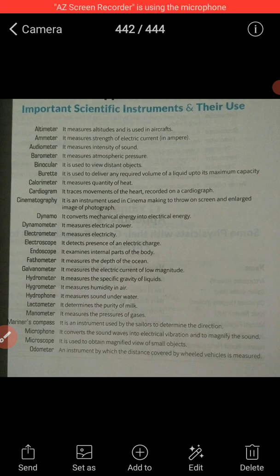Then cardiogram. Cardiogram is an instrument which is used to trace the movements of the heart, and the movement of the heart is recorded on a cardiograph.